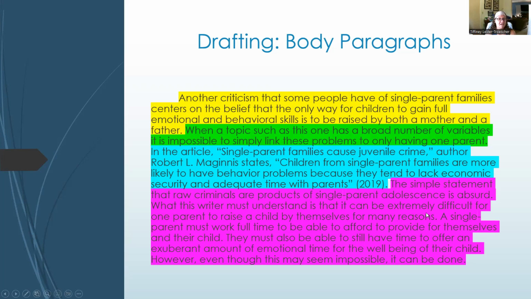So a paragraph should never end with source information. It should always end with your ideas and words. So anything from a source should be found somewhere towards the middle of the paragraph, not at the beginning, not at the end. Okay.